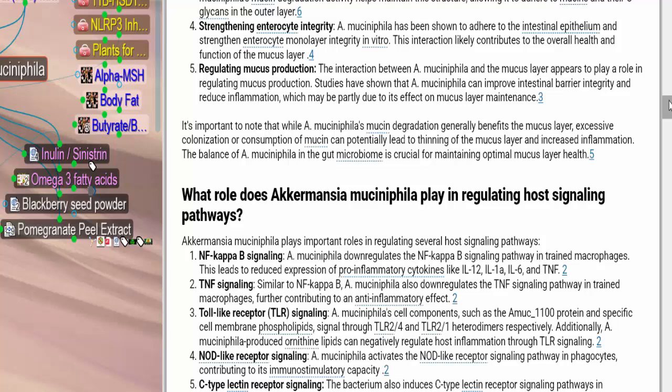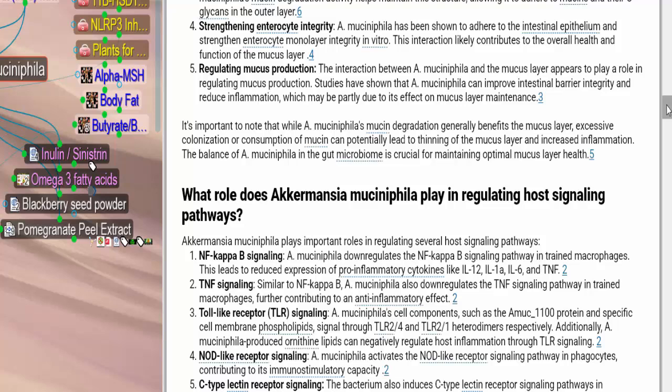It's been shown to adhere to the intestinal epithelium and strengthen enterocyte monolayer. This interaction contributes to overall health, and it regulates mucus production. The interaction between Akkermansia and the mucus layer appears to play a role in regulating mucus production.